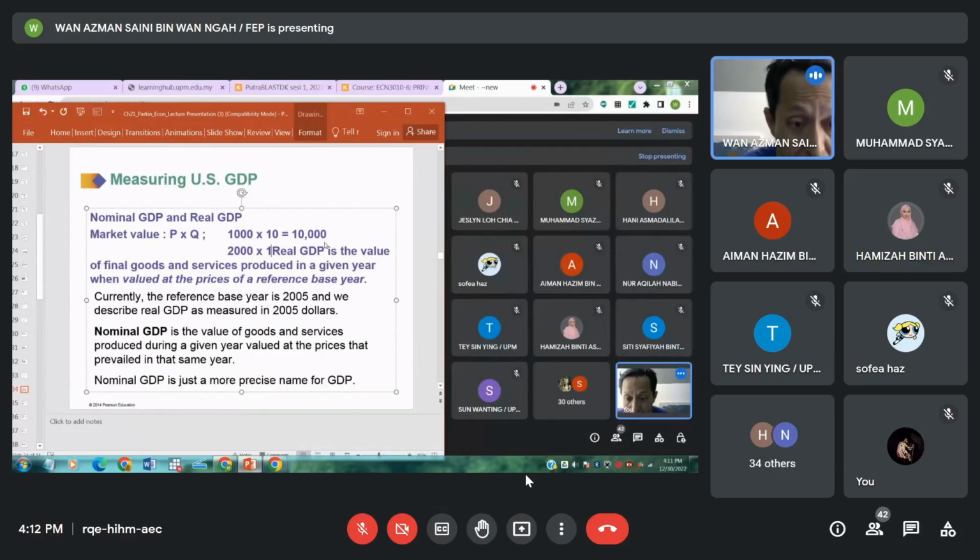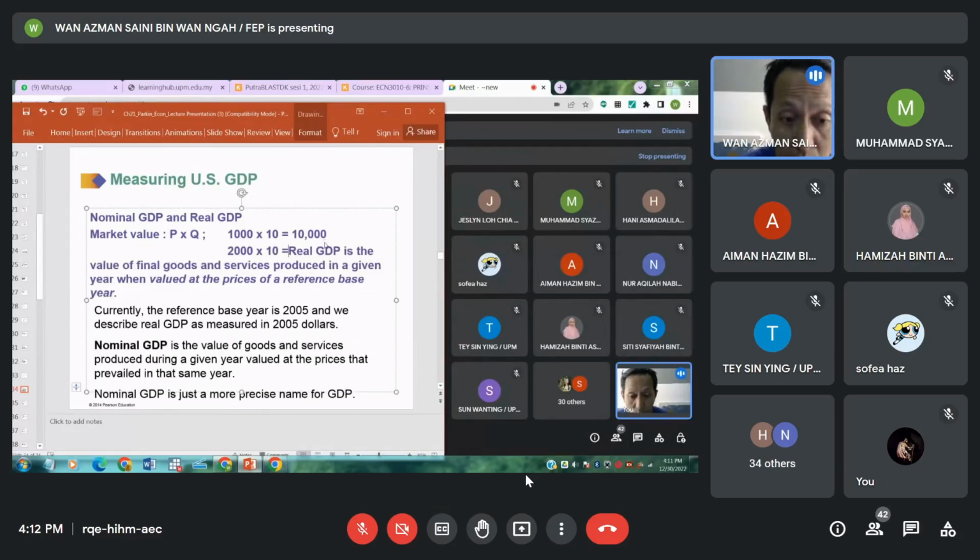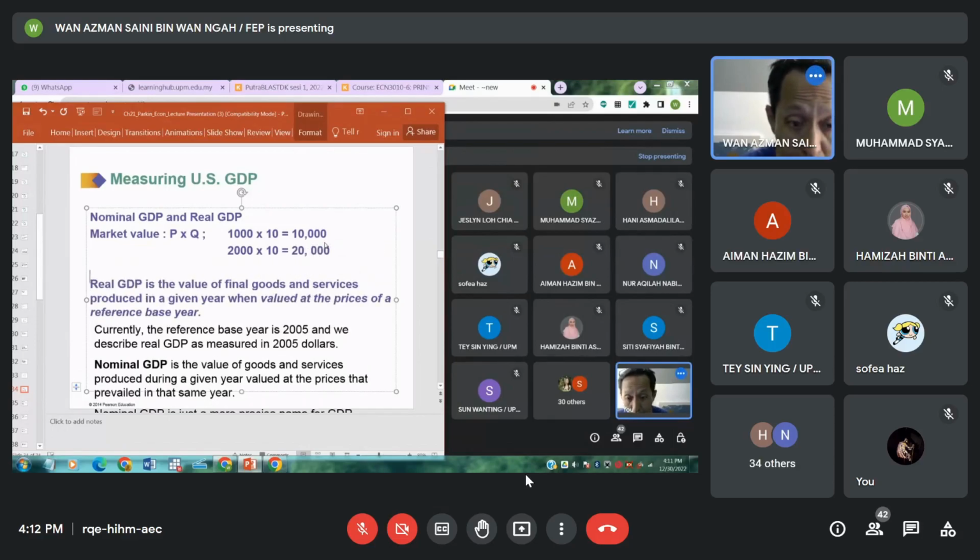So what is going to happen to GDP? GDP is going to be 20,000. If you just focus on the number, you can see that the numbers has increased by double, from 10,000 to 20,000.